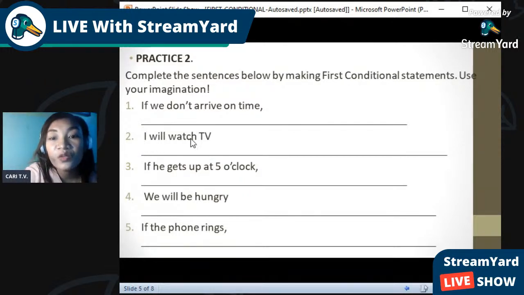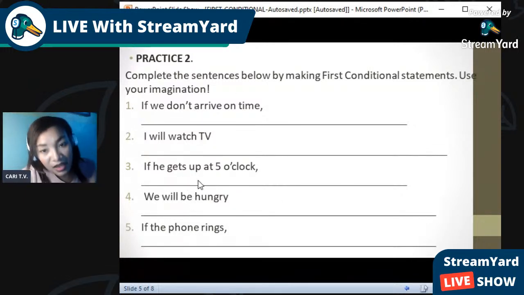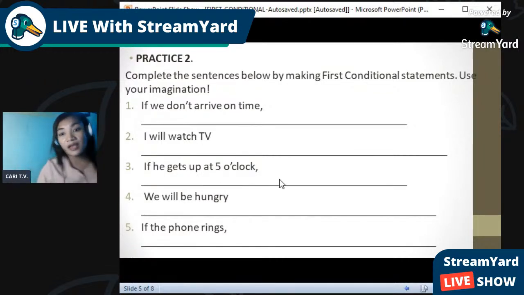Okay, next, I will watch TV and then let's have the if clause. If I, and then, for example, if I finish my lessons early. Okay, so it's up to you to answer the next 3 examples. If he gets up at 5 o'clock, so use the same subject as in the if clause.